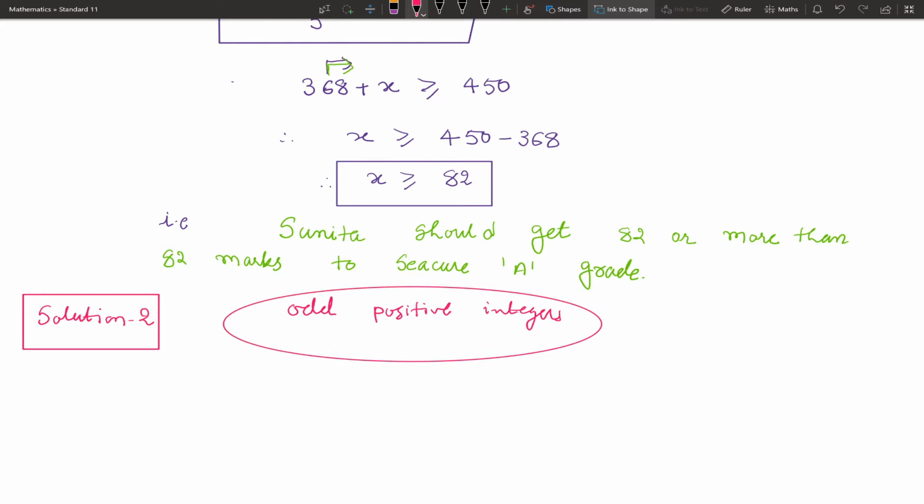So we suppose, let x and x plus 2 be two consecutive positive odd integers.